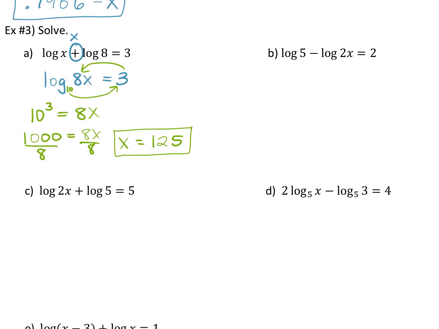Okay, try letter B. Log 5 minus log 2x equals 2. What is this subtraction going to do? Division.